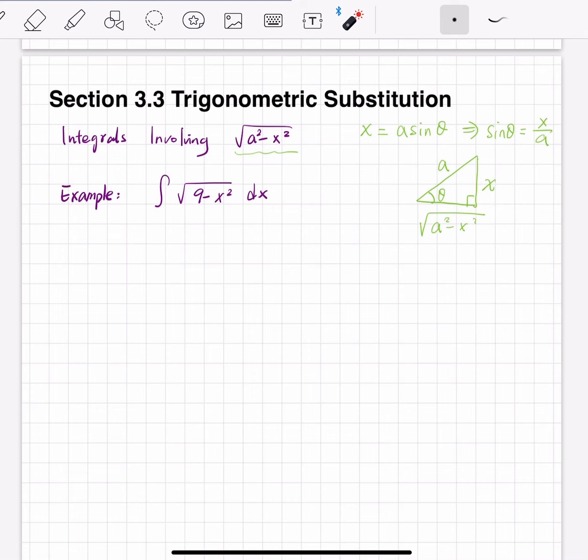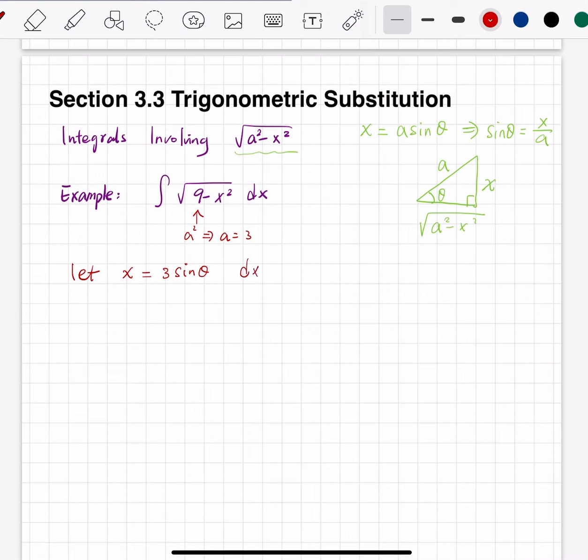The example we will see right now is the integral of square root of 9 minus x squared dx, where a squared is 9, so a is going to be 3. So we're going to let x equal 3 sine of theta.